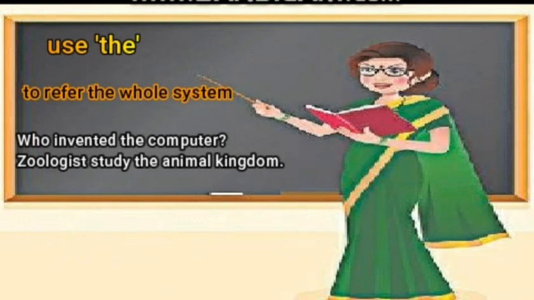See, it is used before countable nouns when we wish to refer to the whole system. When we say something about the whole, we have to use "the" there. An example: who invented the computer? Geologists studied the animal kingdom. So computer is a whole system, a whole part. Then animal kingdom, it says whole.